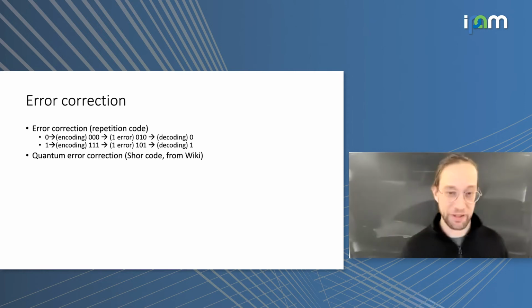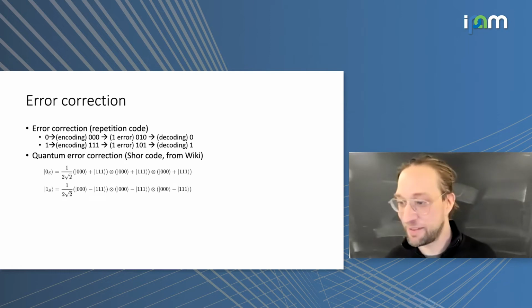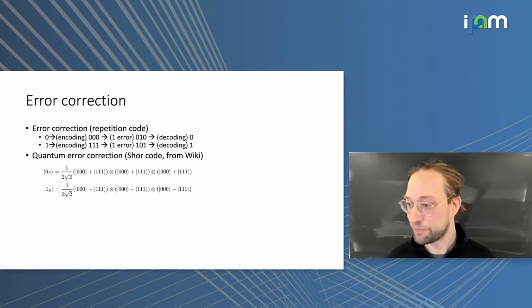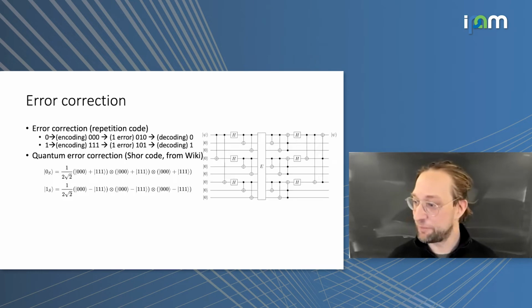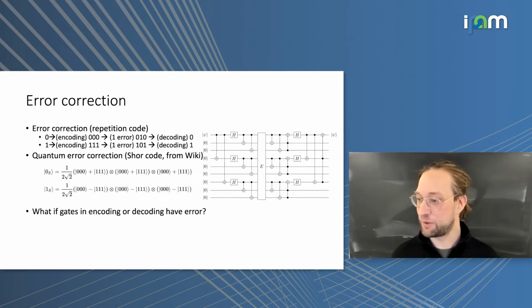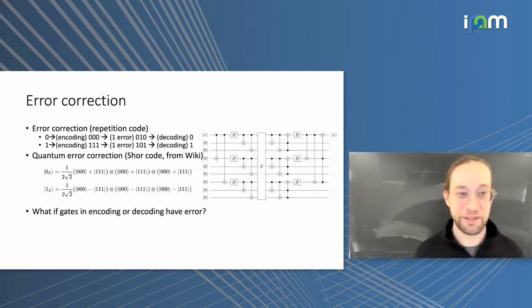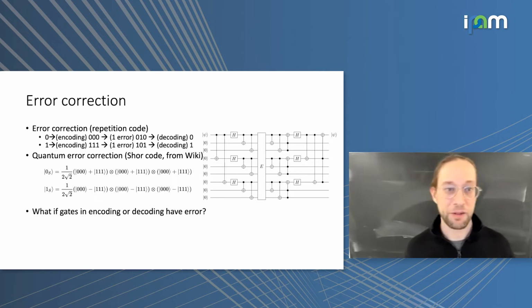Now, Shor made a quantum version of that, which really is just the same, just you have to do it both for the phase and the bit flip. And here is a circuit for it. It looks a little more complicated. But what I want to point out is that it's not really clear what happens if the gates in the encoding or decoding have errors. So this is really beautiful in protecting you against noise.